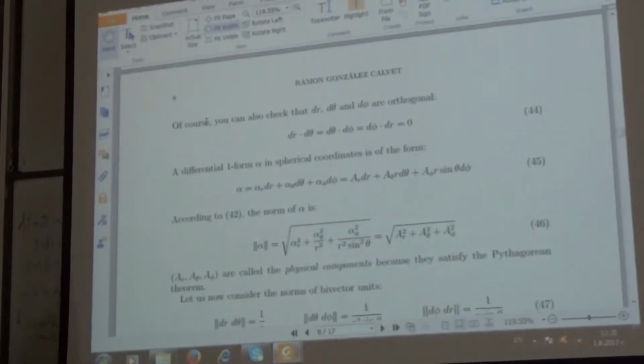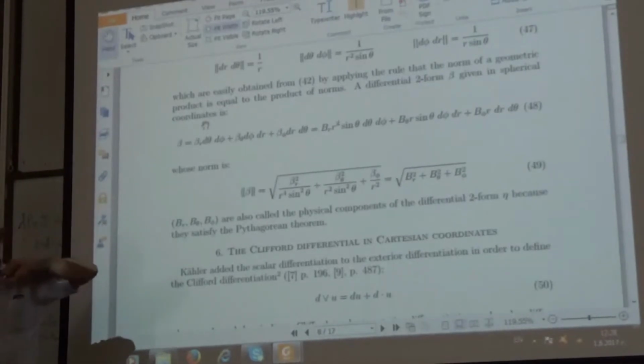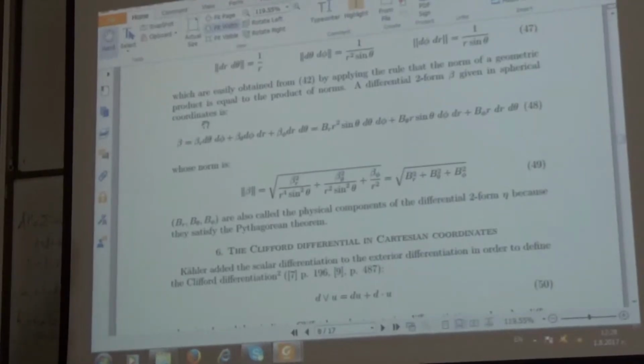Of course, we can go further and calculate the norm of a product of two differentials. Okay? This is a Clifford product, but since the basis is orthogonal, it coincides with the exterior product.